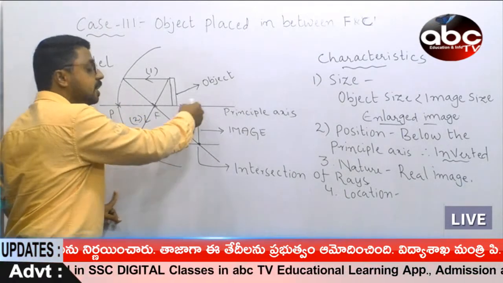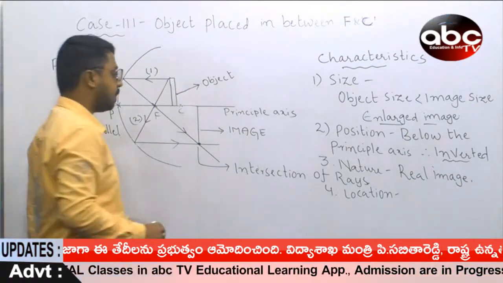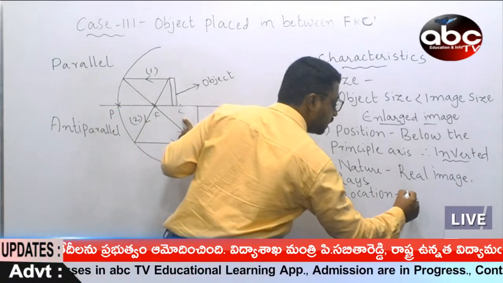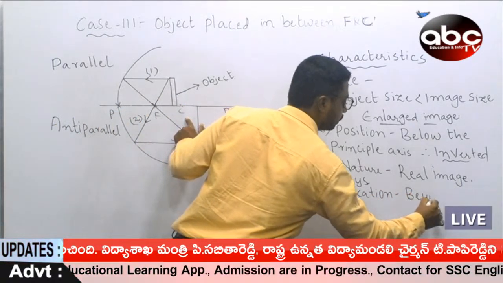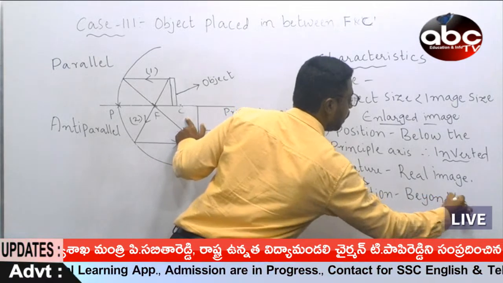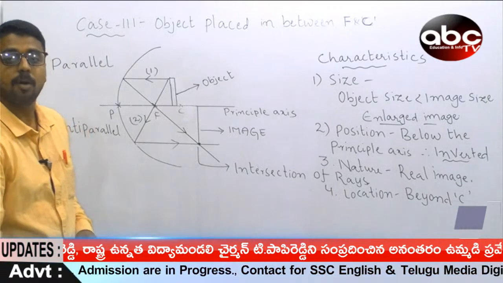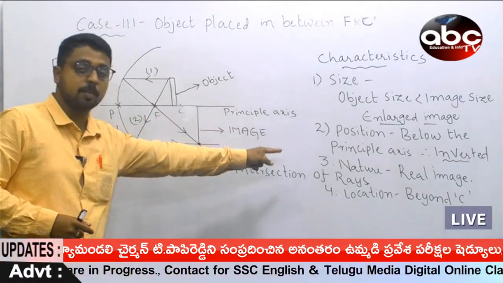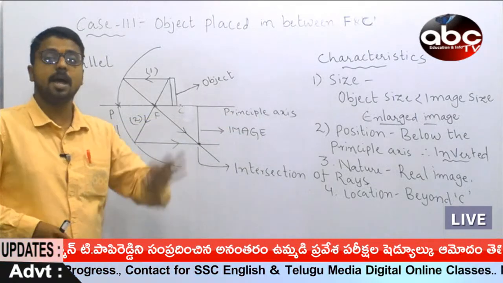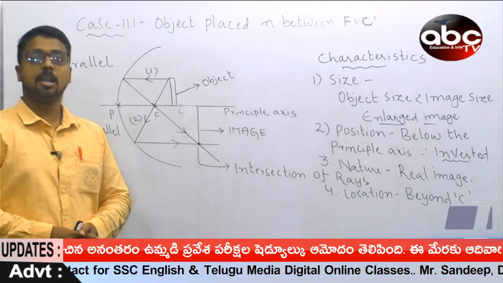Here, after C. It is executed after C, so this is beyond C. So in the concept we have taken here, along with the three characteristics, we also have to definitely mention the location.